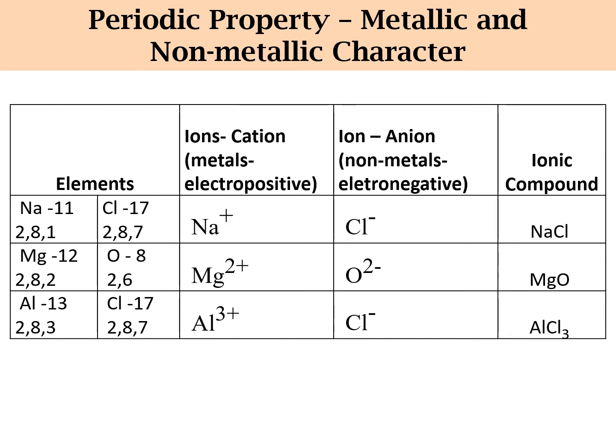Phosphorus, sulfur and chlorine, which are again non-metals in the third period, have 5, 6 and 7 electrons in their valence shell. So, these non-metals have a tendency of accepting electrons and developing negative charge over them and becoming negatively charged ions called anions, and hence they are said to be electronegative.